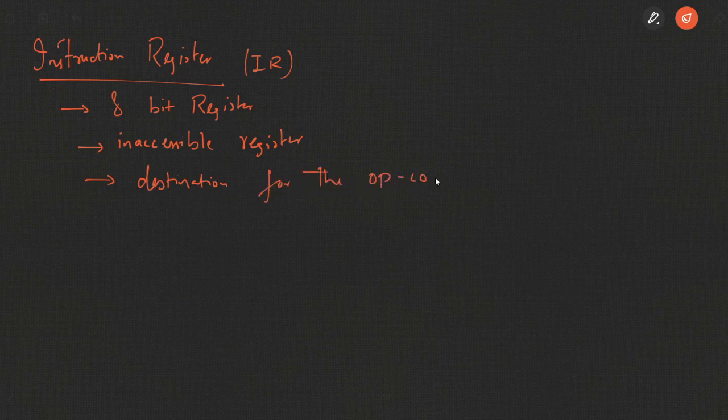So all opcodes, that means basically the instruction itself that needs to be defined, will be placed in the instruction register, and status signals are issued by the microprocessor at the start of the execution of the program.